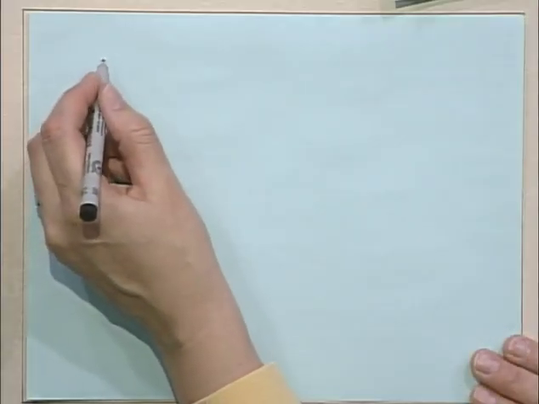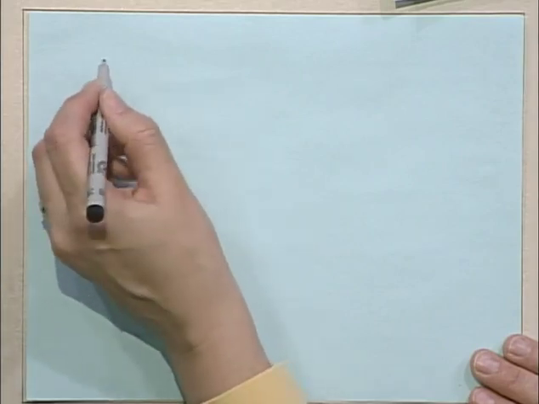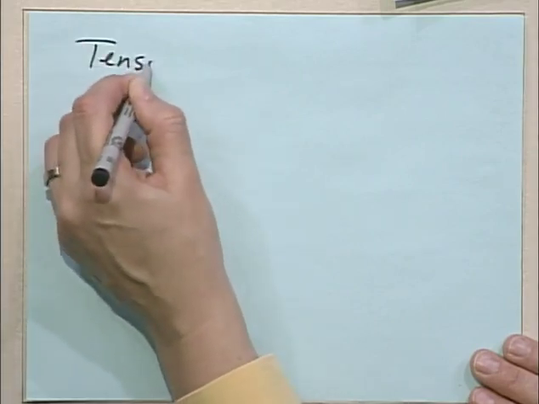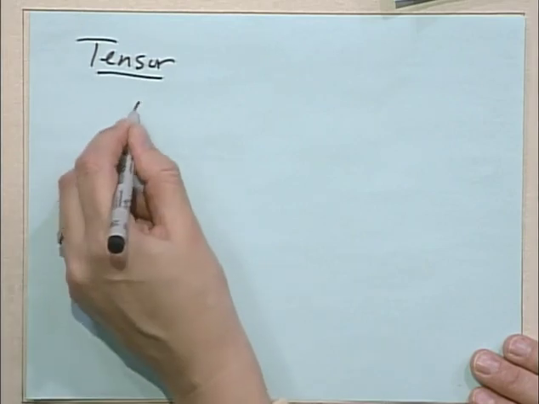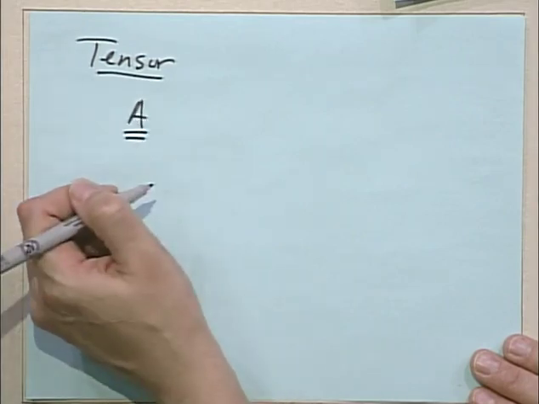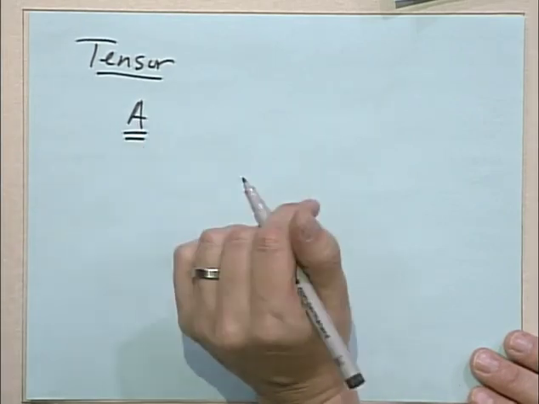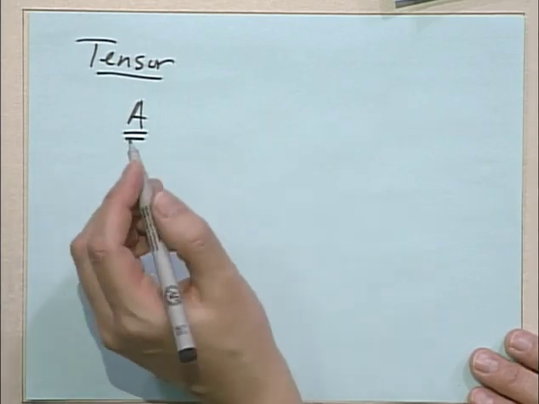Now, we can extend this to tensors, which I don't have my tensor slides for, but tensors I'll be going over on Monday. They are the two-dimensional version of the vector. So for instance, a tensor would be written with 2 underlines, and it's the equivalent of a 3 by 3 matrix of coefficients.